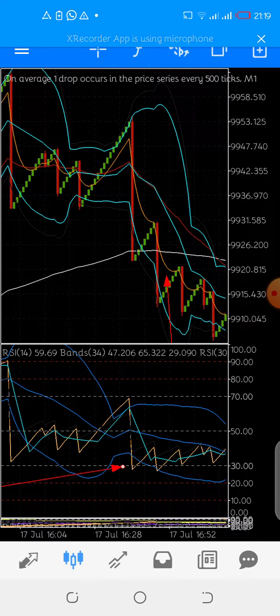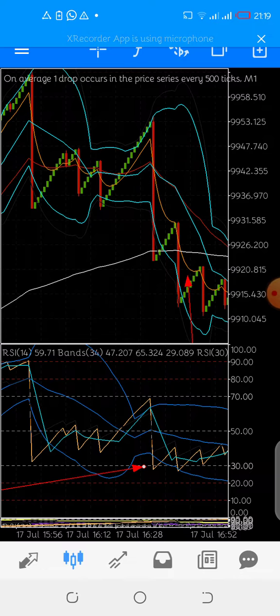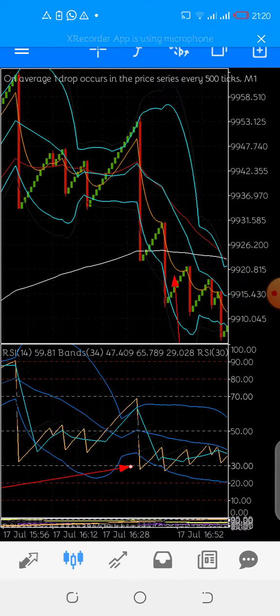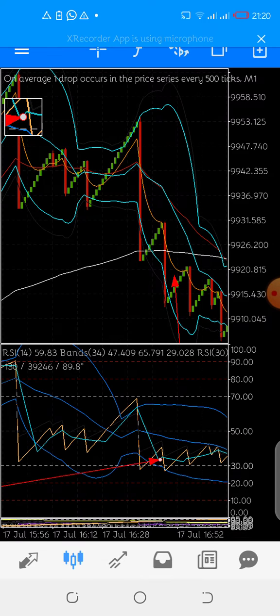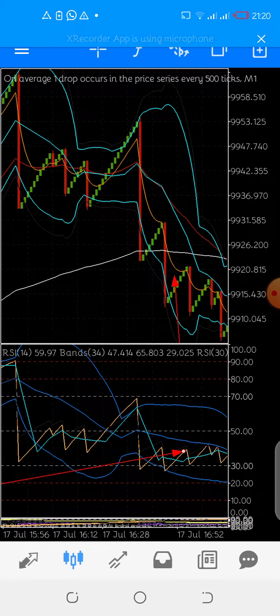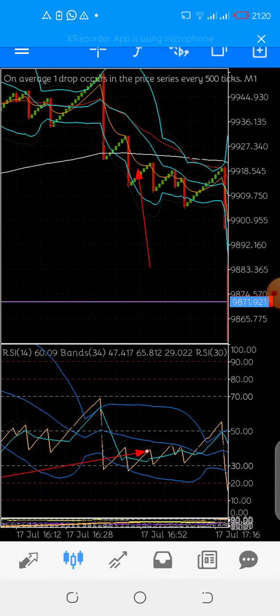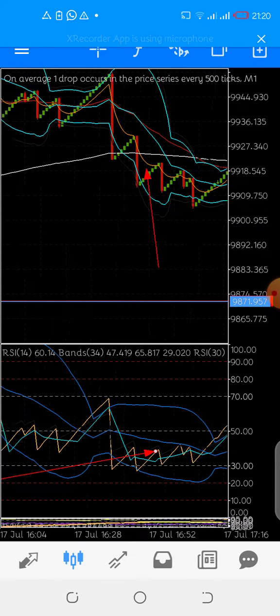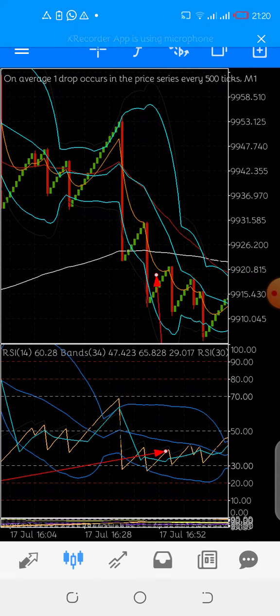It goes a bit out of the way, comes in, comes out. Look here, goes up again. But on the main chart, it is the blue line that is really used as resistance.